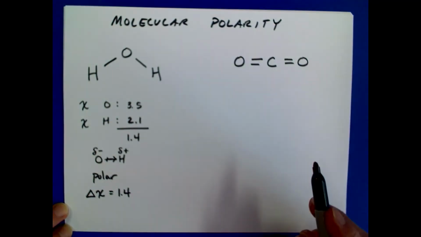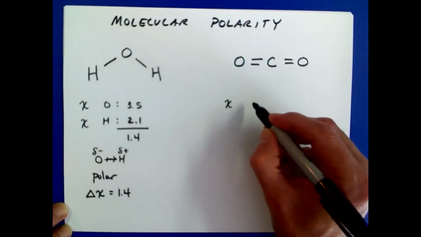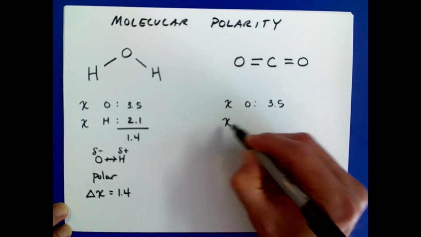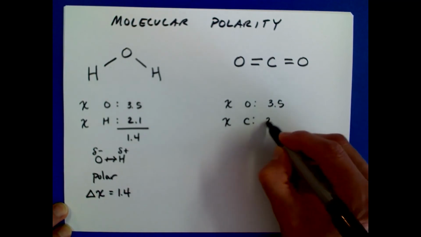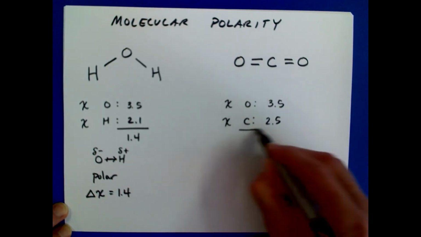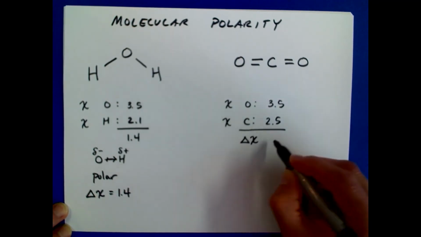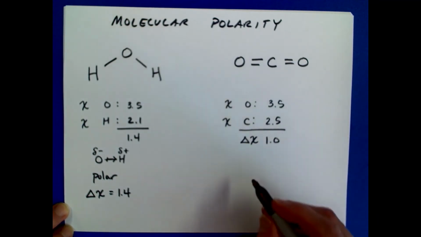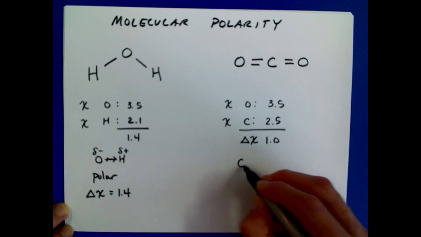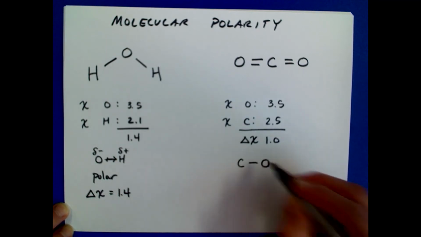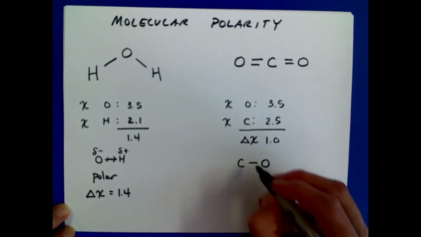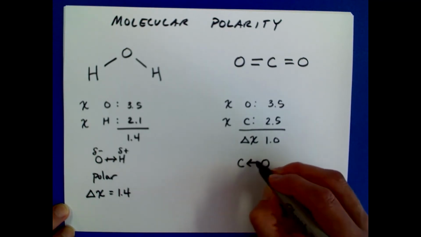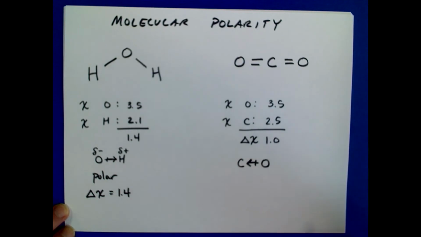We can do the same thing over here for carbon dioxide. We look up the electronegativity for oxygen, which we've already seen is 3.5, and the electronegativity for carbon is 2.5, for a difference of 1.0 between carbon and oxygen. So in a bond between carbon and oxygen, a dipole moment is set up, pointing from the more electronegative atom to the less electronegative atom, from the oxygen to the carbon.